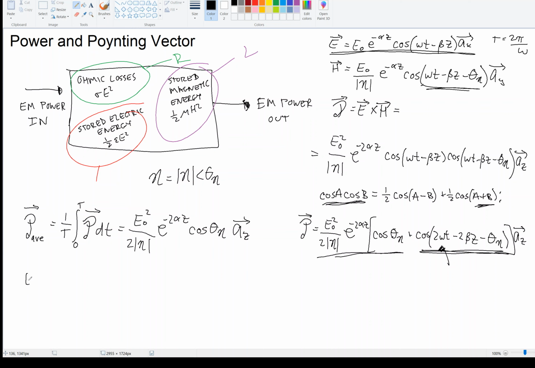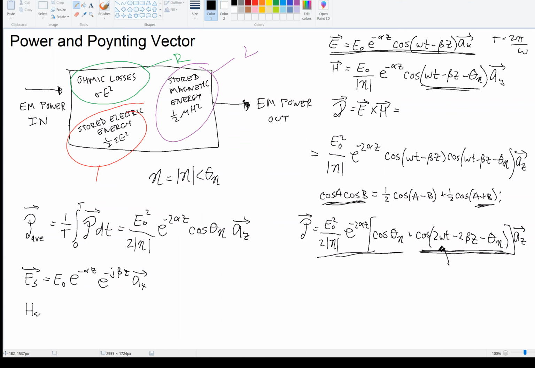So since we work with phasors, ES is E0 e to the negative alpha z, e to the negative j beta z, in the x direction, right? That's the phasor for our field.